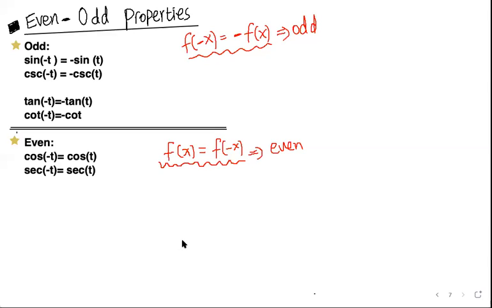Now, let me give you an example of how we can use these things. Find by using the even and odd properties. Evaluate.